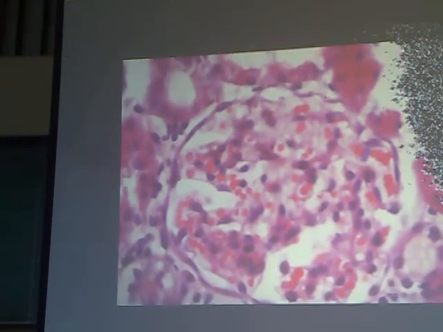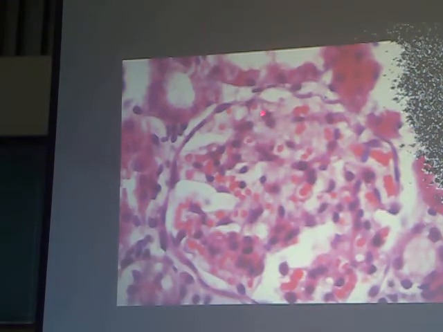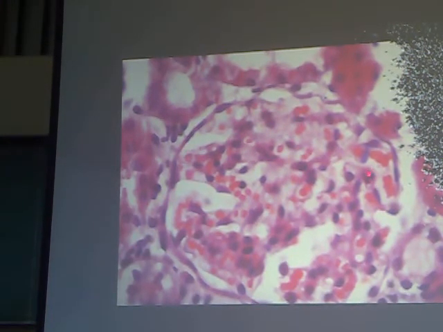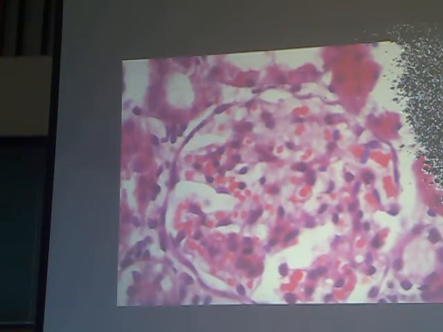Okay, so the abnormality that you should be able to identify for this slide is the presence of the neutrophils. Notice the segmented appearance of the nuclei of the pointed cells. They are not supposed to be present in the glomeruli. That is why this is called acute, because of the characteristic polymorphonuclear infiltrates.